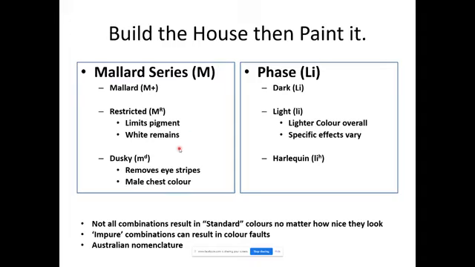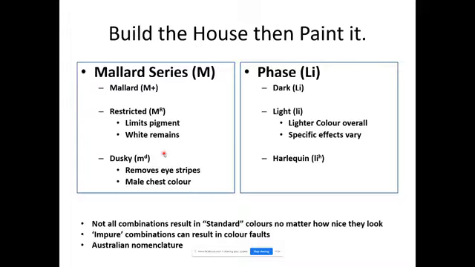And the third allele is one called dusky. It's the recessive allele series, so it has a lowercase m here and a little d for dusky. And what dusky tends to do is remove eye stripes. It removes the scarlet chest color of a male, and we'll see that in a moment.